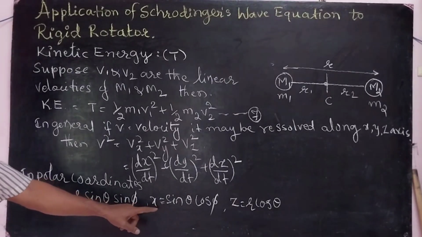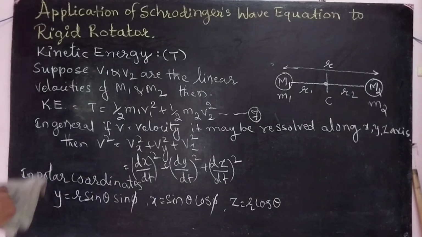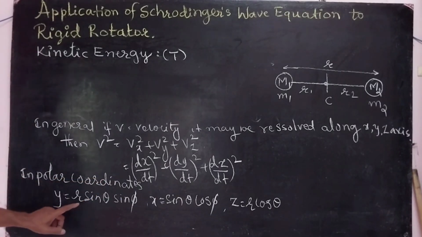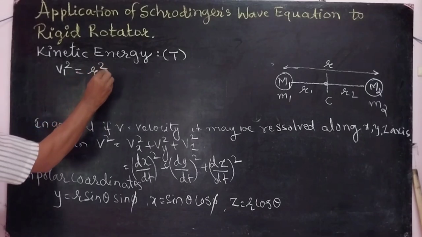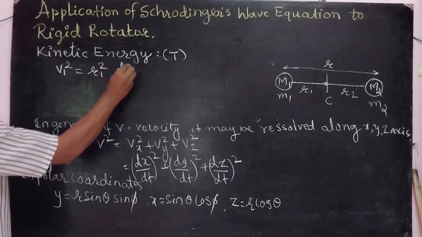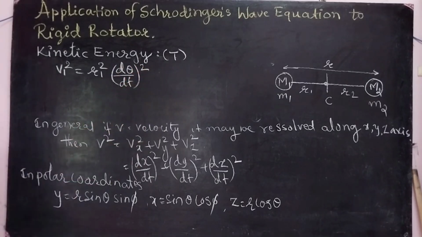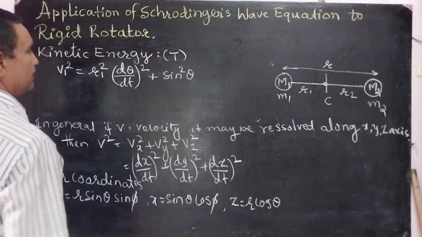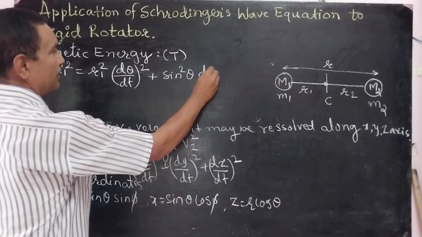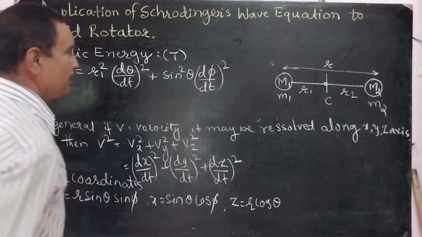If you transform them into r, theta, phi, when Cartesian coordinates are converted into polar coordinates, we get v1 square equals r1 square times [(d theta by dt) square plus sin square theta (d phi by dt) square].